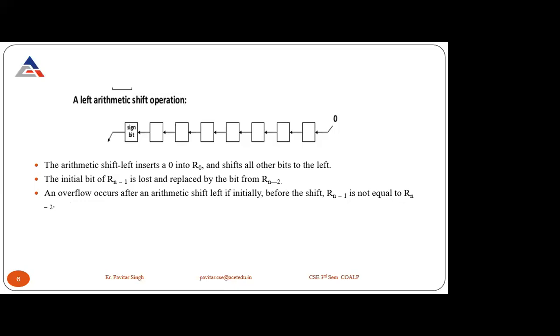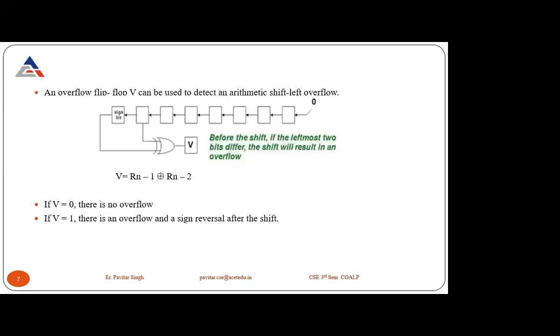It says that this is your Rn minus 1 bit, and this is your Rn minus 2 bit. An overflow will occur if these two bits are not the same, right? How does it occur? Here you can see the diagram.